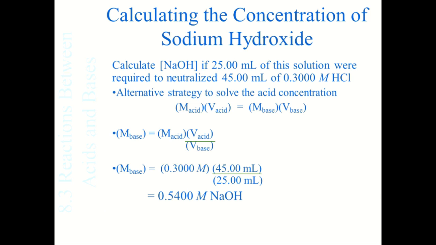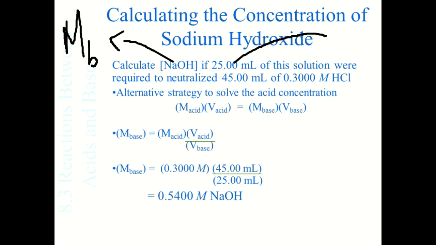Here. Calculate the, when you say square bracket NaOH, what is it? Molarity of the base. So what are we trying to find? MA or MB? MB, right? Base. Now see, on these problems, if you don't know what your base and acid is, you're not going to be able to do it. If 25 mL of this solution were required to neutralize 45 mL of 0.300 molar HCl.